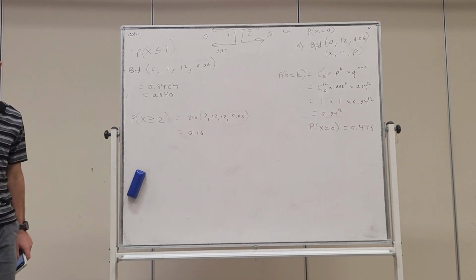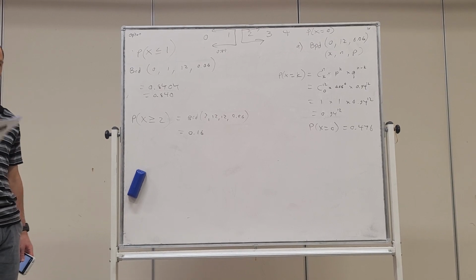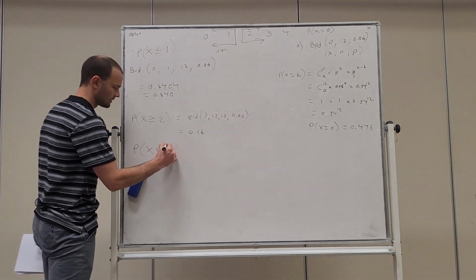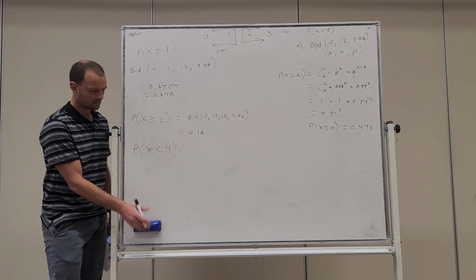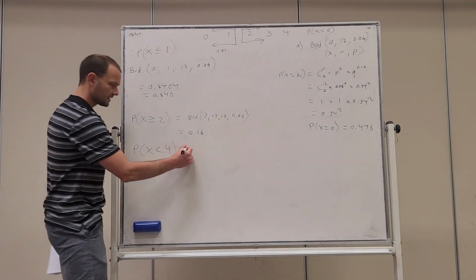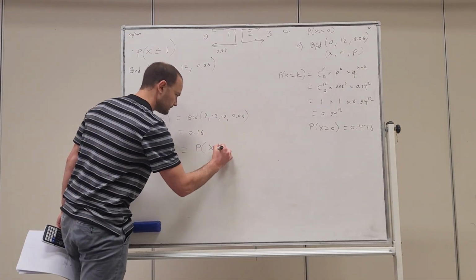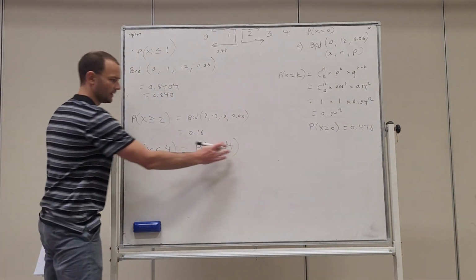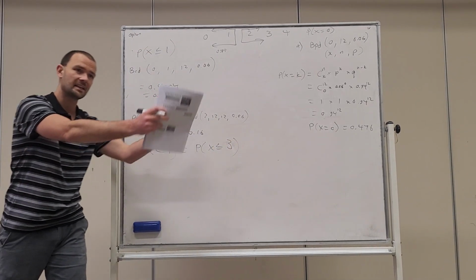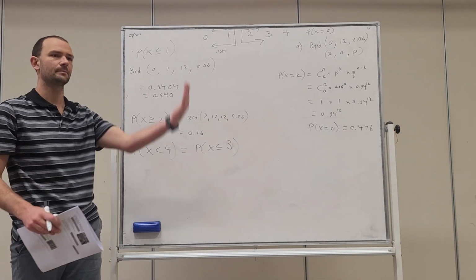And then we have less than 4 will be faulty. Now, if it says less than 4, this is what it means in terms of mathematical syntax, probability of x being less than 4, which is the same as x being less than or equal to 3. Because if it's less than 4, it means it has to be under 4.